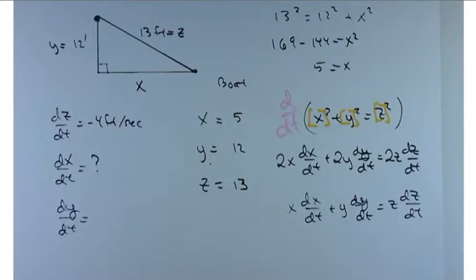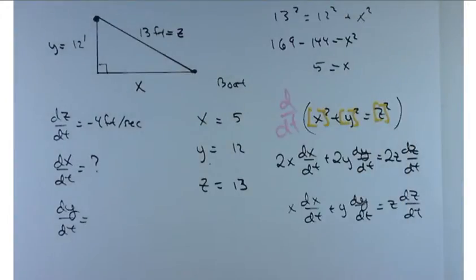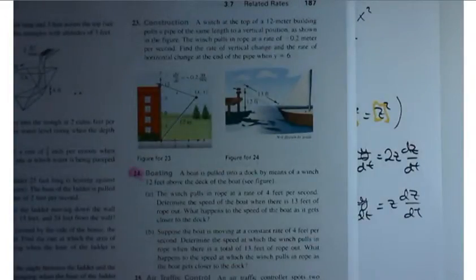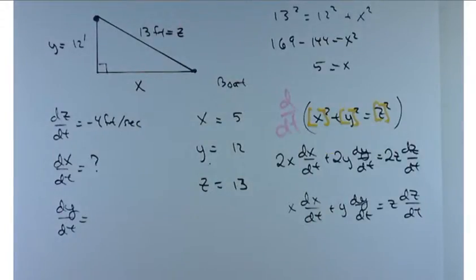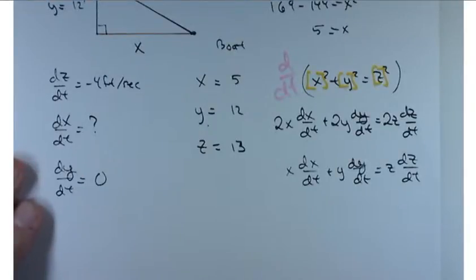Good job. Why 0? Yeah, this height isn't changing. The distance that the winch is above the deck of the boat isn't changing. It's staying the same. And if it's not changing, then its change with respect to time is 0. So let's put that in here.